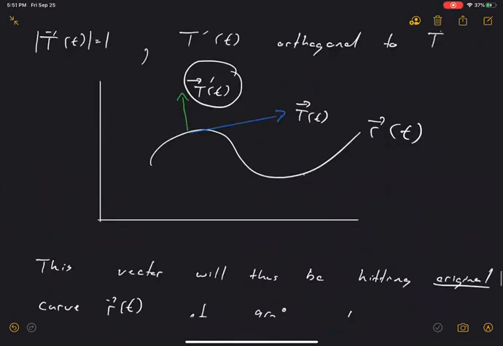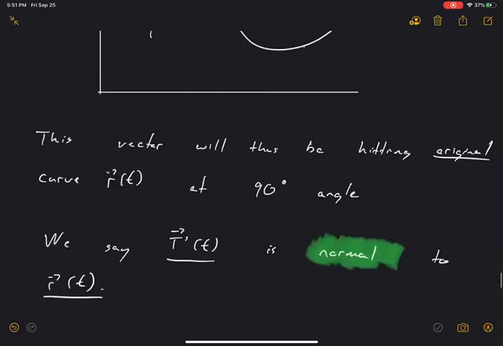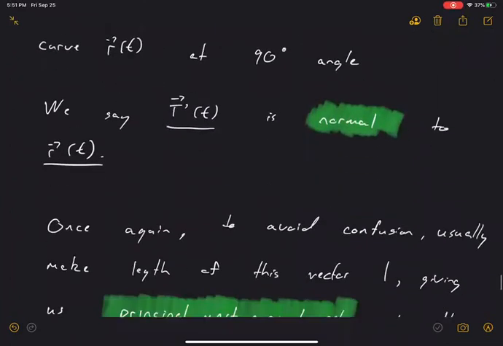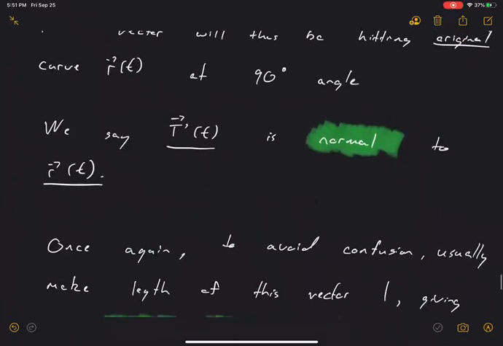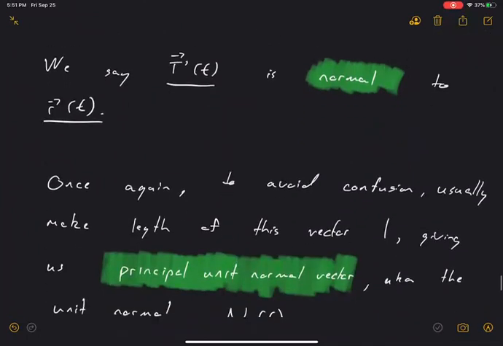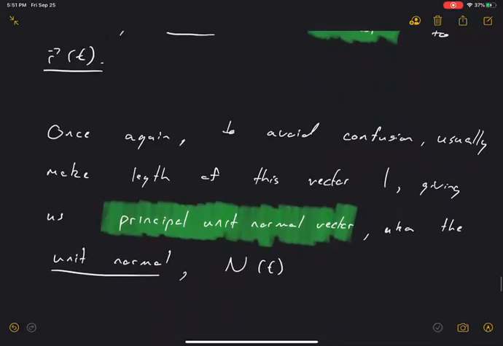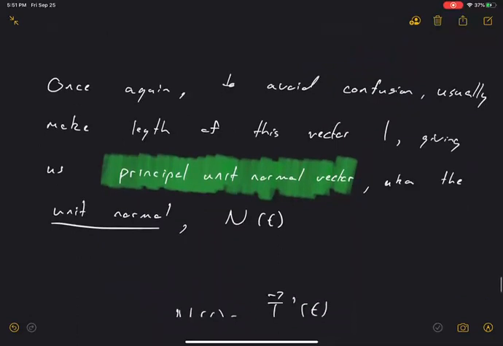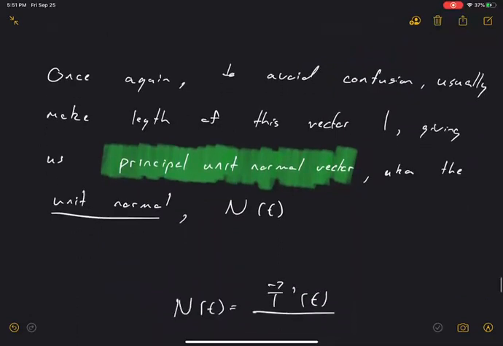Now, as we said, this length might not necessarily be 1, but just like with the unit tangent vector, it's usually convenient to always make it 1. So we're going to take this T prime of t and modify it so it always has length 1. The result we're going to call the principal unit normal vector, which is a mouthful, so just call it the unit normal.